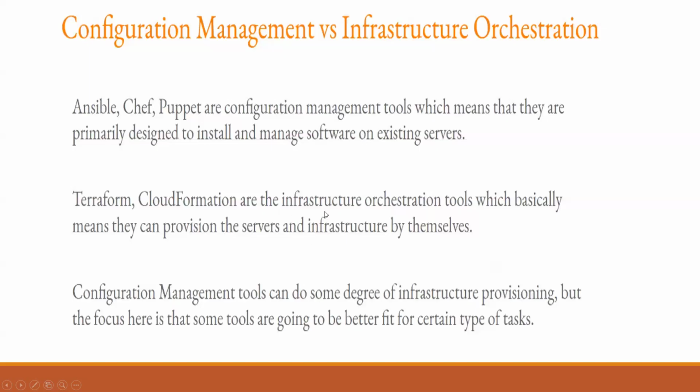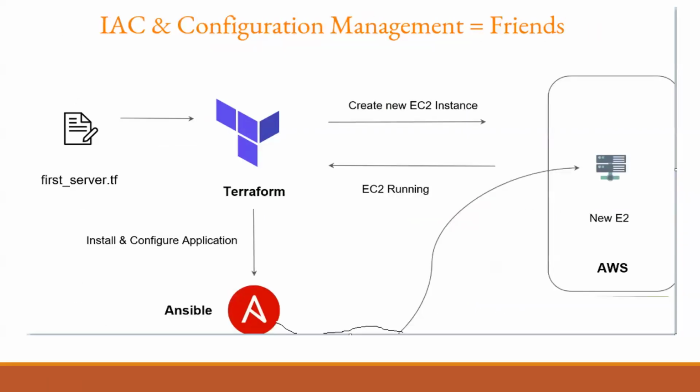For example, we need a server. We can build the server through Terraform. Once the server is provisioned, I need to install Java and Tomcat on that server. For that purpose, we can use Ansible, Chef, Puppet, which are primarily designed to install and manage software on existing servers.